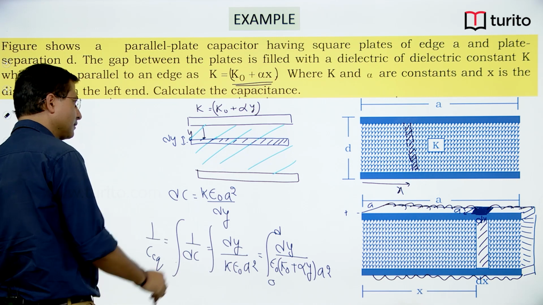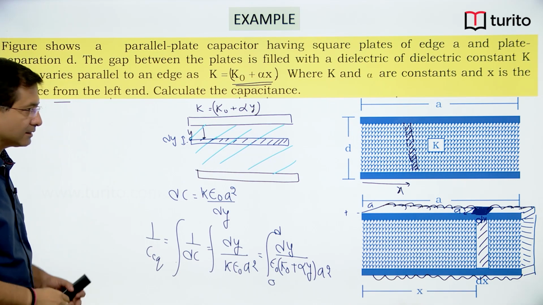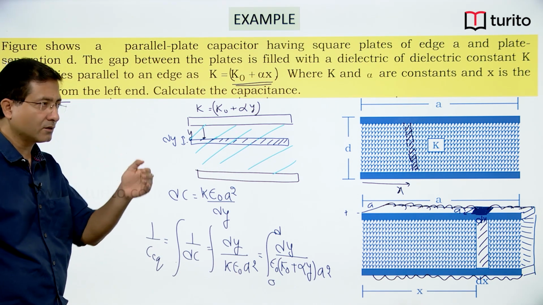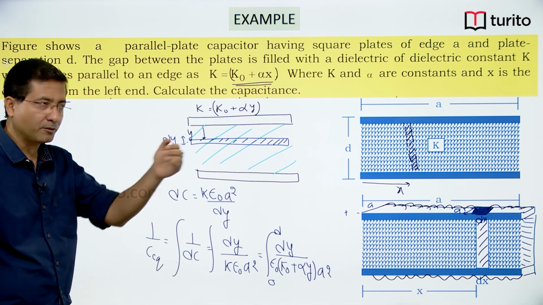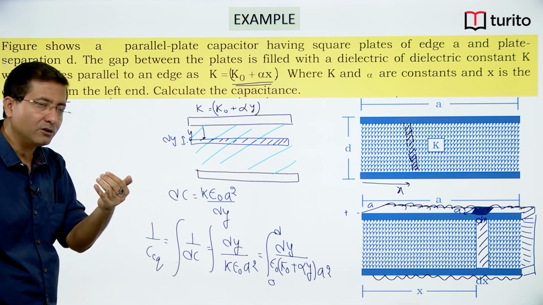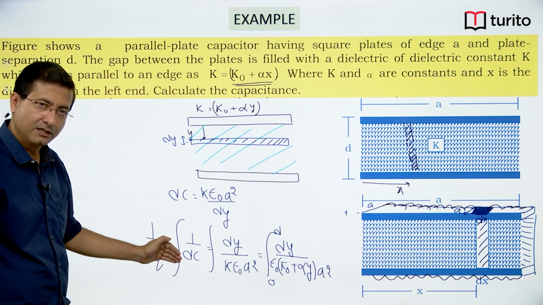while adding, as all were in series, 1 upon C equivalent is equal to 1 upon C1 plus 1 upon C2 plus 1 upon C3. That means we now need to integrate 1 upon dC, right.